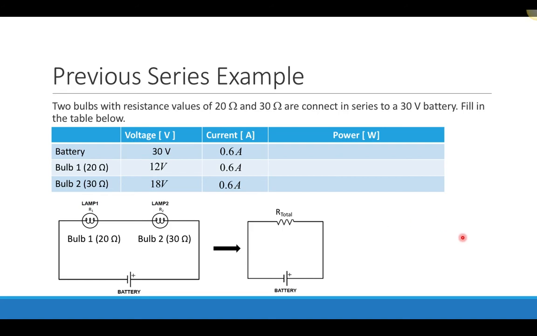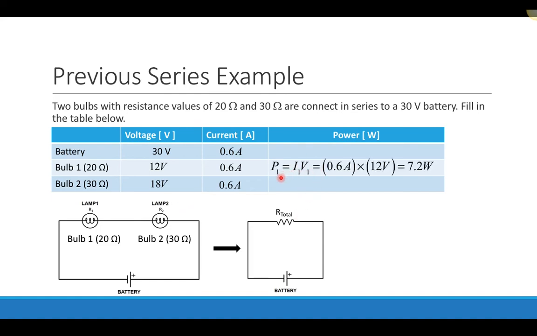So if we go back to the previous examples that we looked at for the series and the parallel connections, we had found that when we had two bulbs connected in series that had different resistance values, the current through all of those components was the same value, but the voltage was different. But now we can figure out the power.